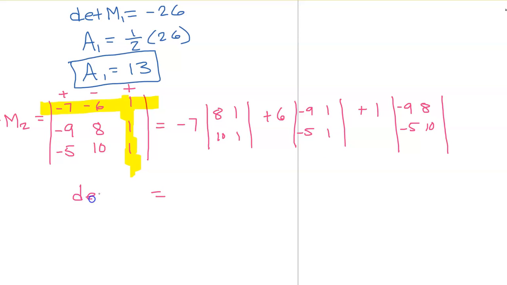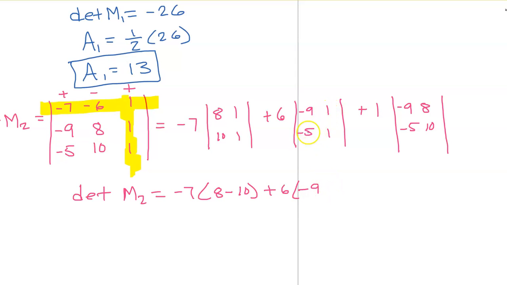Okay, so the determinant of matrix 2 will be -7 times down diagonal minus up diagonal. So that's going to be 8 minus 10. Down diagonal is -9.